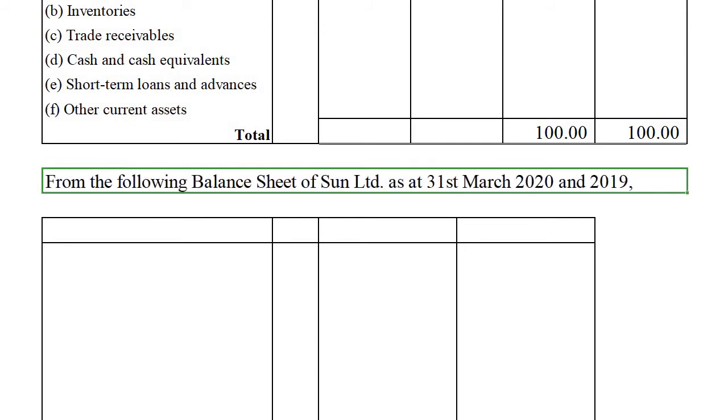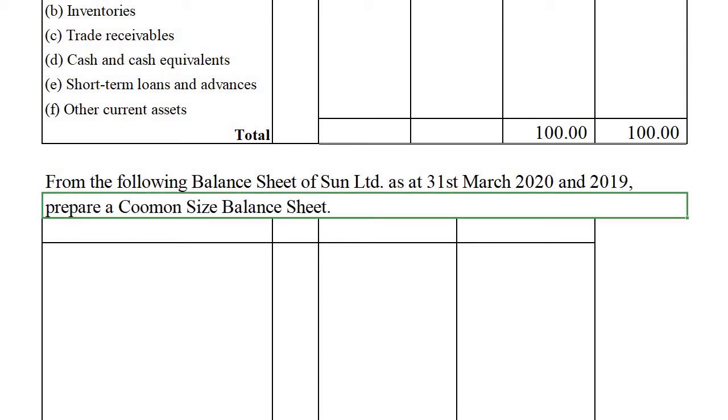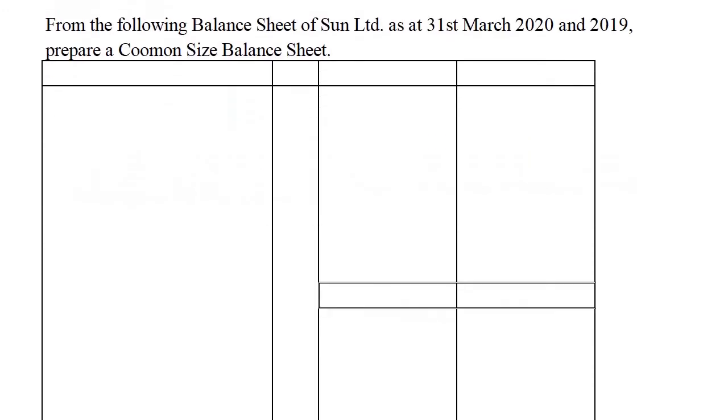Here is the question. From the following balance sheet of Sun Limited as on 31st March 2020 and 2019, prepare a common size balance sheet. So that is the question here, and the question is here before you.